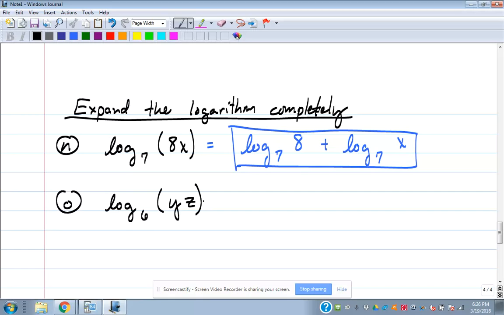Log base 6 of yz. What's going on between the y and the z? Multiplication, so that turns into log base 6 of y plus log base 6 of z.